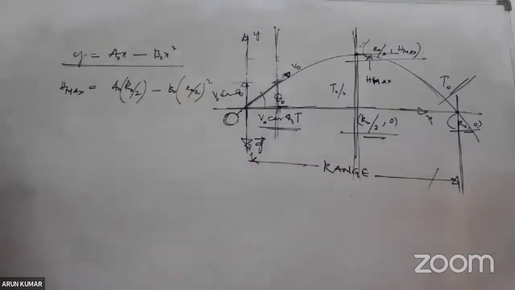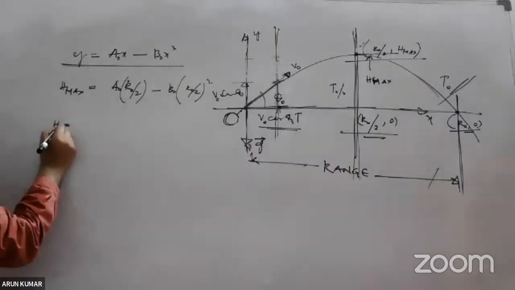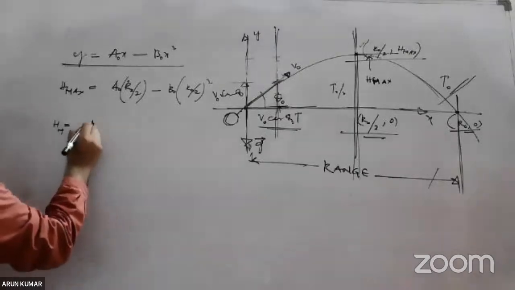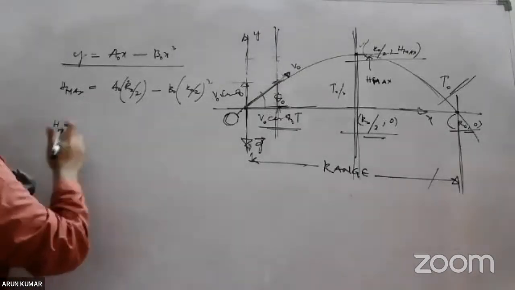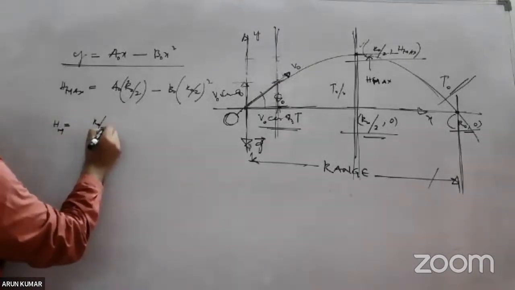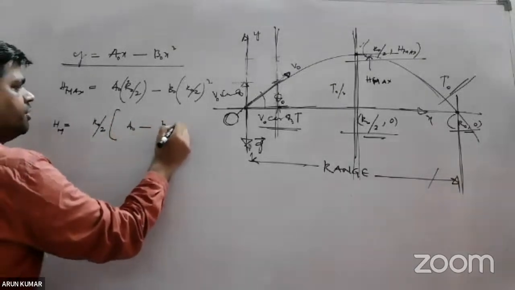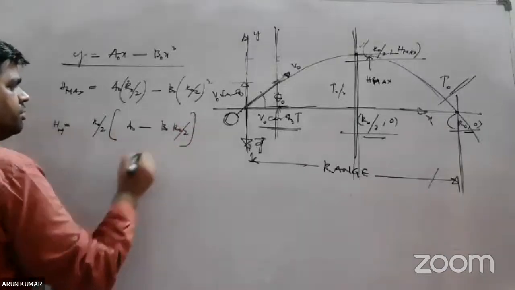Taking r0/2 common, h max is equal to a0 minus b0 into r0/2, times r0/2.